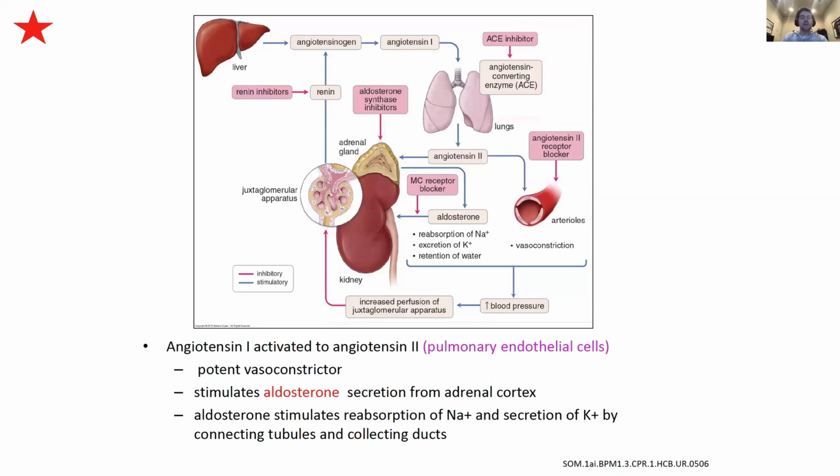Bring the fluid up, because typically low blood pressure correlates to low volume or hypovolemia. So two things you want to do. You want to constrict the vessels to immediately raise the blood pressure, and you want to start reabsorbing water. So what the kidney does is use this RAAS system.